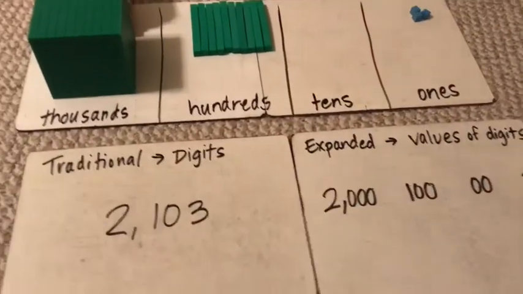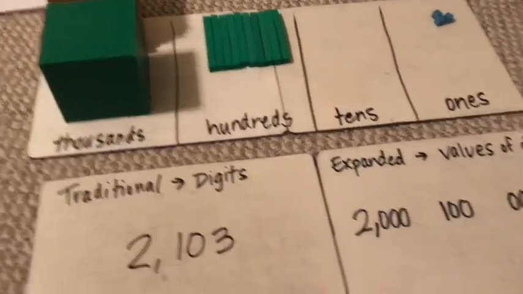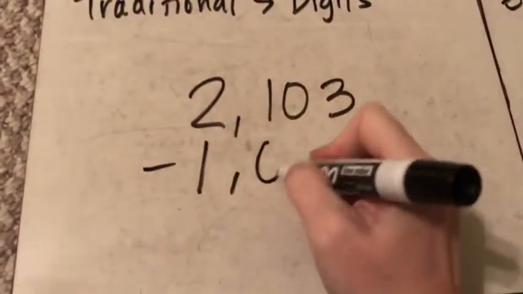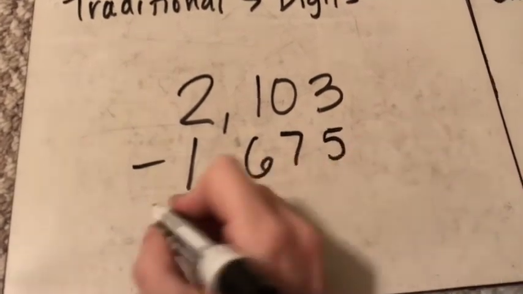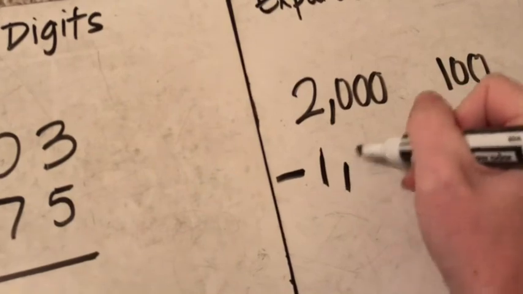All right. So now I'm going to be taking away 1,675. 1,675 was that problem I was taking away, and I'm going to show how that expanded over here.